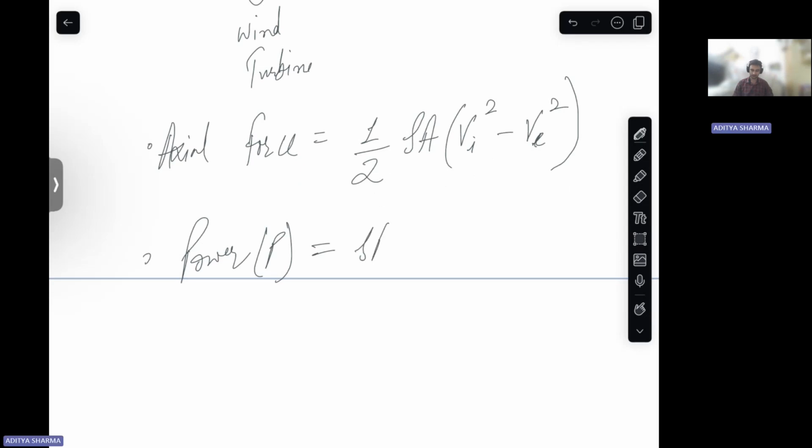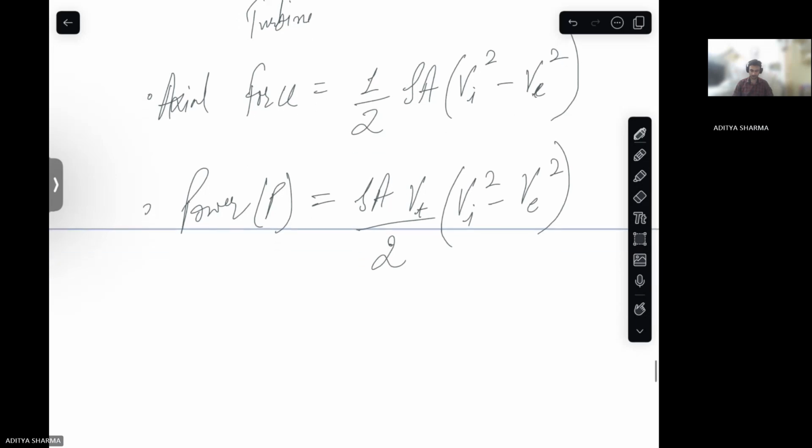Power generated will be rho A Vt by 2 into Vi square minus Ve square. Vt is the velocity within your turbine. So initially it was Vi and after exit it's Ve; in between, within the turbine, what is the velocity?